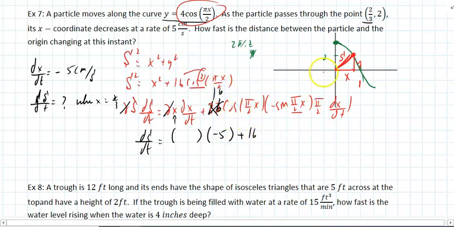The cosine, so x is 2/3, right? Let me fill that in right now. And if I put 2/3 in there, the 2's cancel out. The cosine of pi over 3 is a half times negative the sine of pi over 3 is radical 3 over 2 times pi over 2, and the dx/dt again is a negative 5.